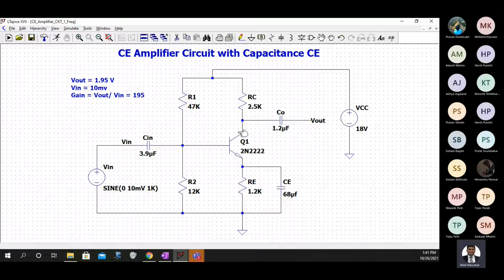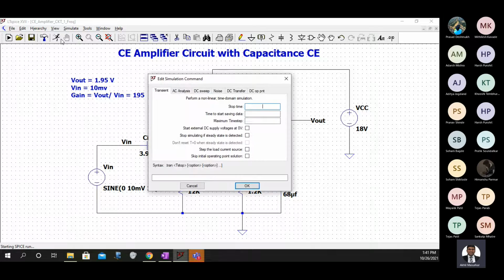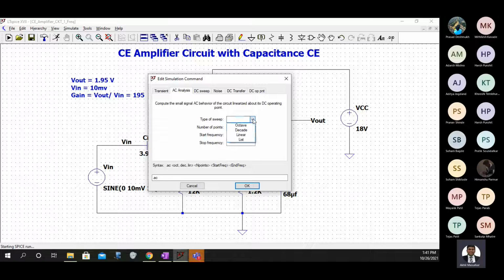The circuit is exactly the same. You will delete the dot tran and say run, and this time you will go to AC analysis and say the type of sweep is decade. Start frequency can be 0.01 hertz, and stop frequency can be 10 megahertz.